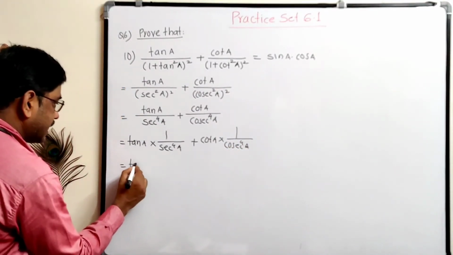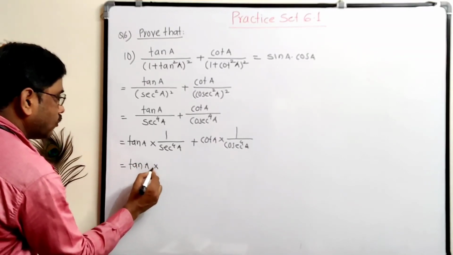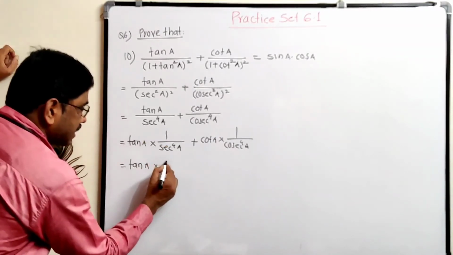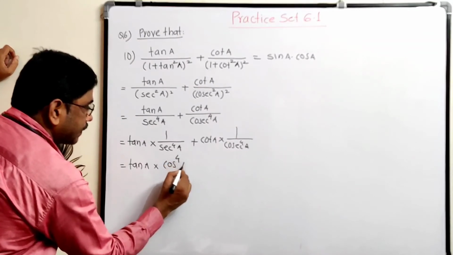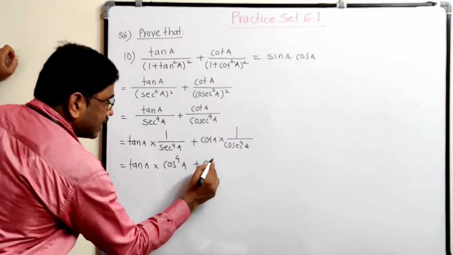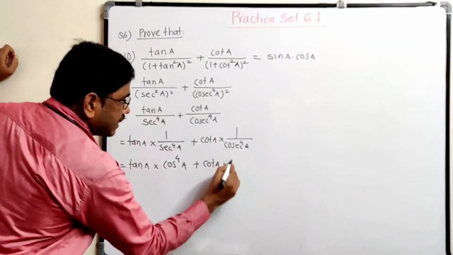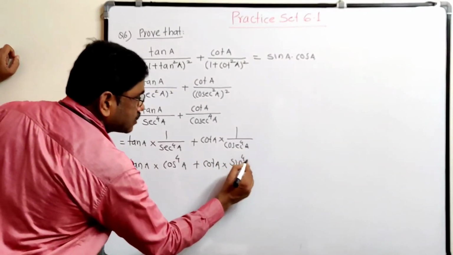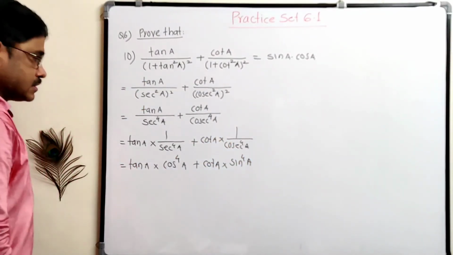Now this tan A into 1 upon sec means cos, so this becomes cos raised to 4A plus cot A and this becomes sin raised to 4A because 1 upon cosec is sin.